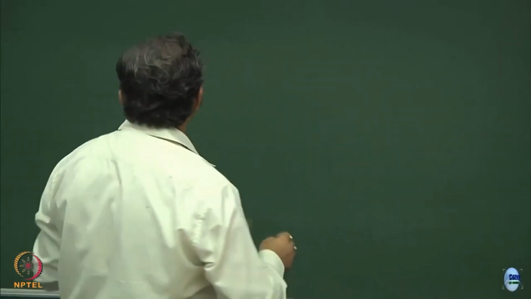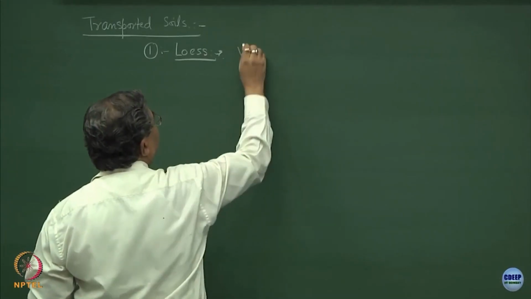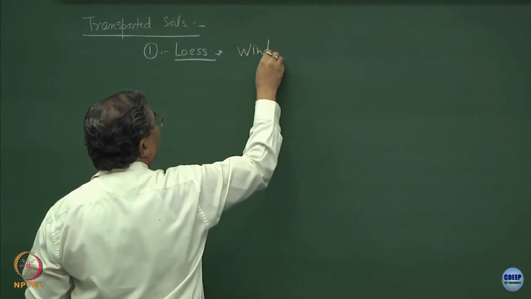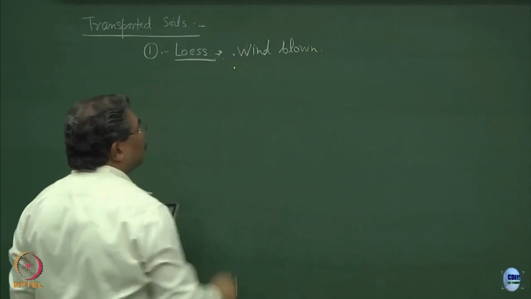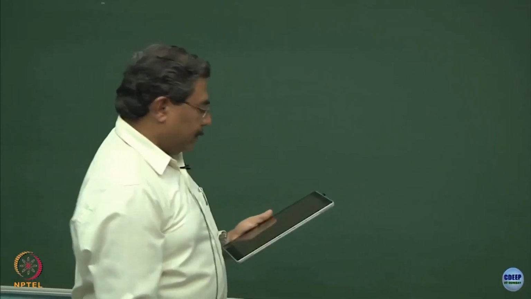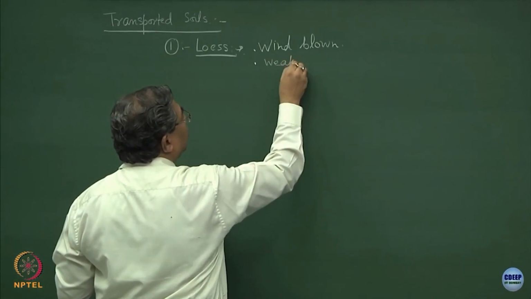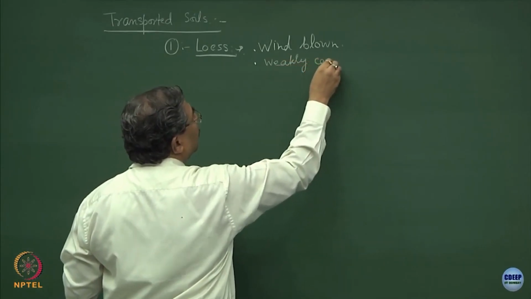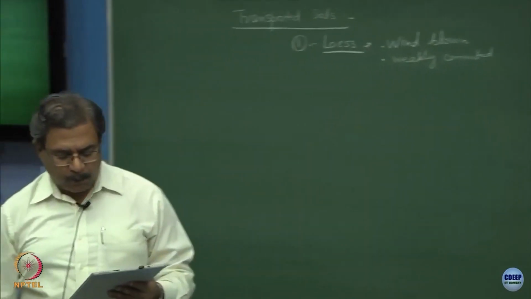Truly speaking, these are wind blown deposits. Sometimes we also call them aeolian. They are weakly cemented, so for all practical purposes, these are loose materials.